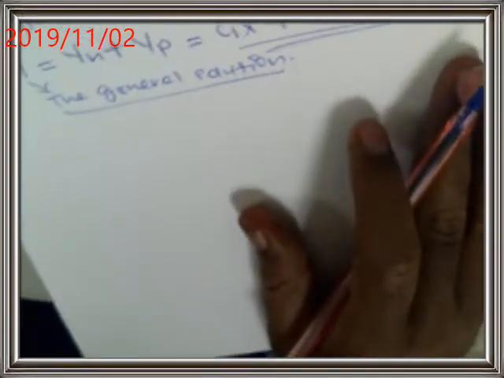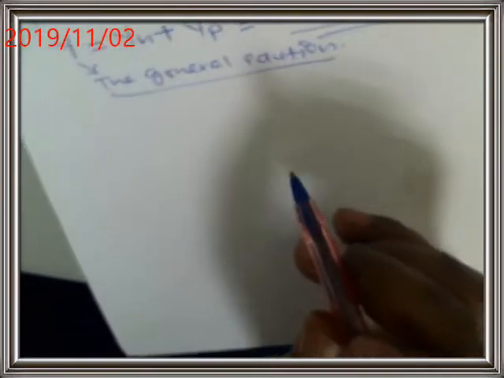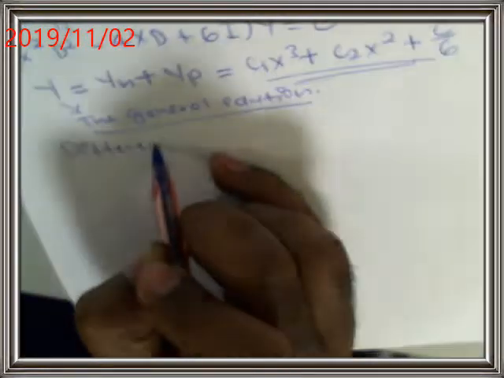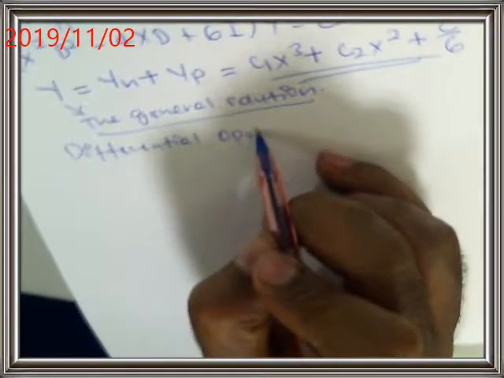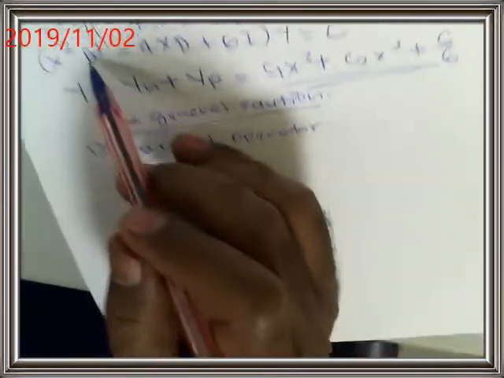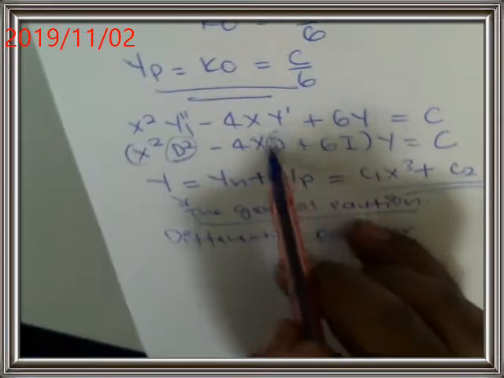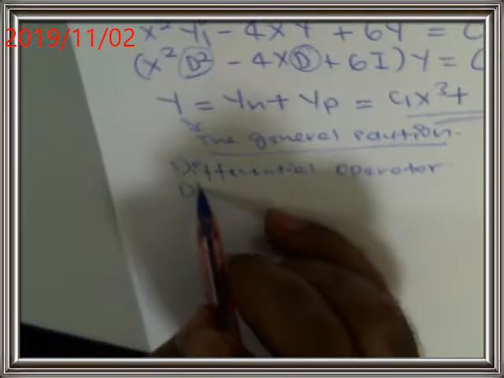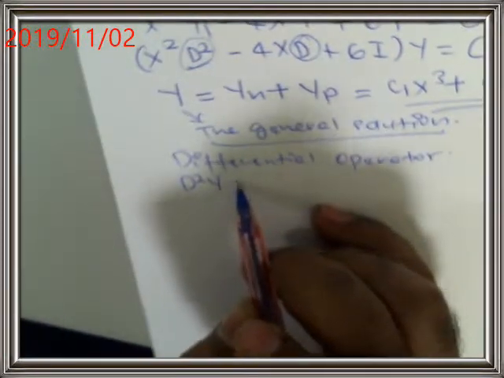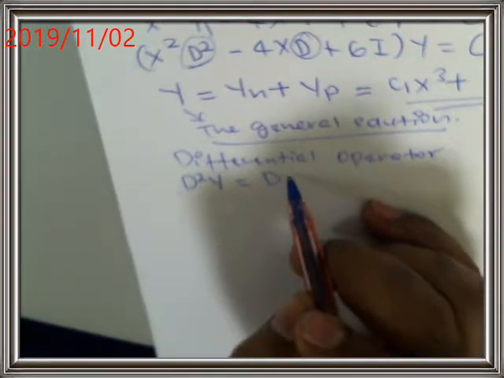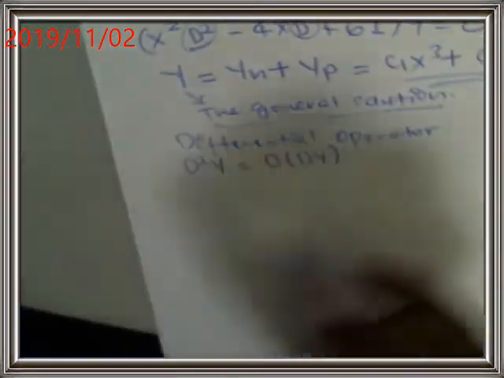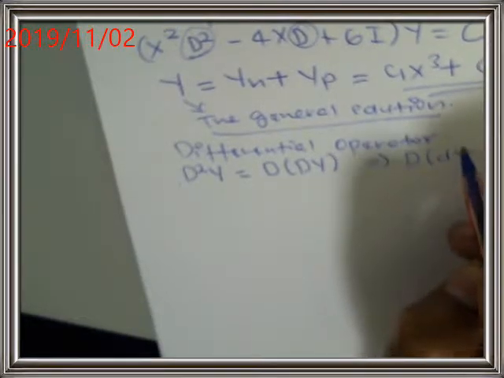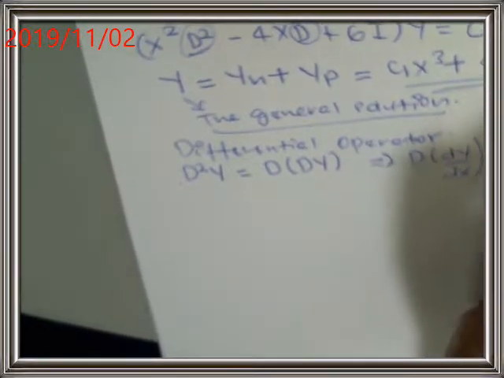Okay, so to say something about the differential operator, the one you see here is a differential operator, and this is also a differential operator. So for instance, if we say D squared y, you can rewrite it as D of Dy. Okay, so that means D of dy by dx.